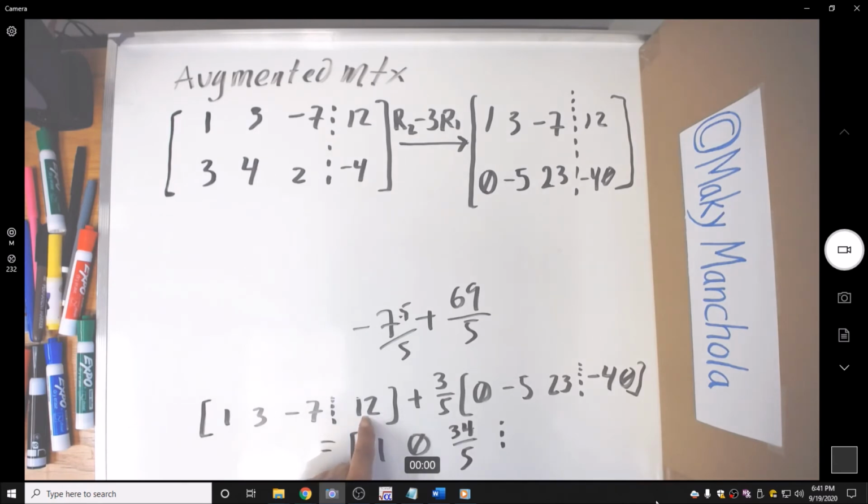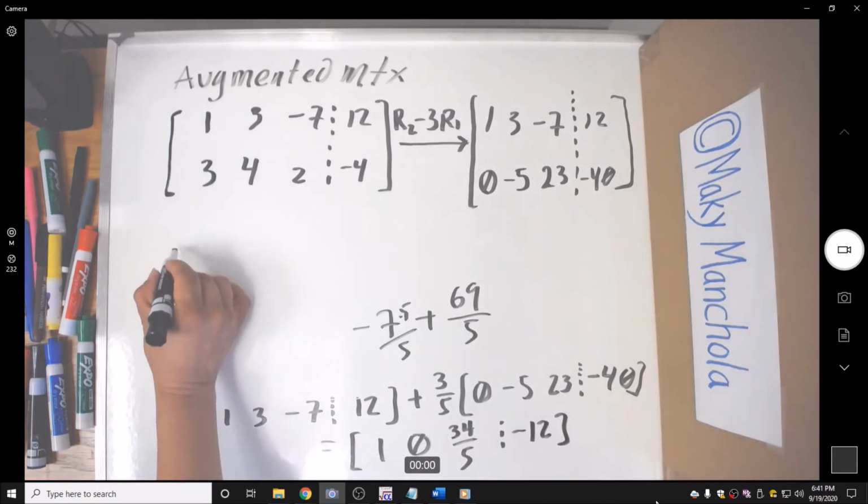Now we have 12 plus 3/5 times negative 40. The 5 and the 40 cancel, so you end up with 3 times negative 8, which is negative 24. 12 minus 24 is negative 12.